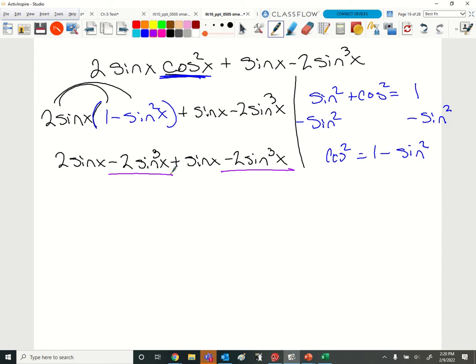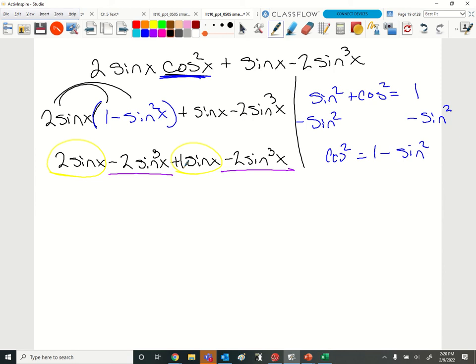So we would have negative 4. So I'm going to bring this down, so it's going to come up with, right here, this and this. So this is 2 sine x, and this is 1 sine x. Right? There's a 1 implied in front of it.